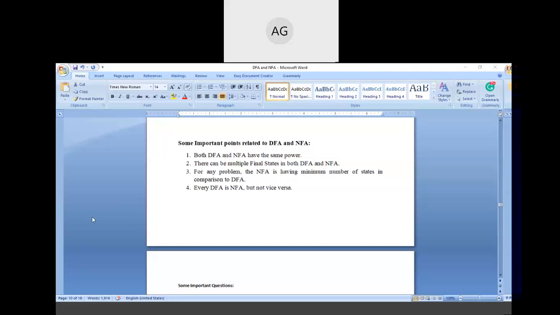Some important points related to NFA and DFA. You need to remember these points also. Both DFA and NFA have the same power. Nobody is more powerful than the other. The second point is there can be multiple final states in both DFA and NFA.